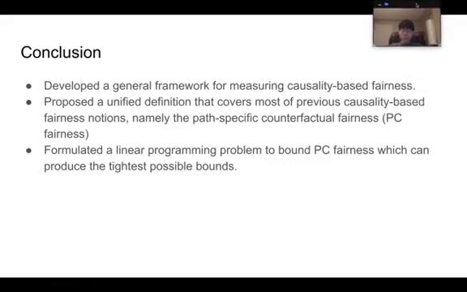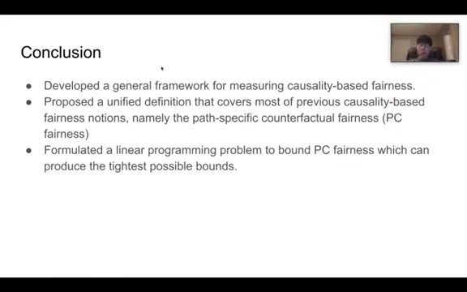So in conclusion, this paper developed a general framework for measuring causality-based fairness and proposed a unified definition that covers most of the previous causality-based fairness notions, namely the path-specific counterfactual fairness. They formulated a linear programming problem to bound PCFairness, which can produce the tightest possible bounds.